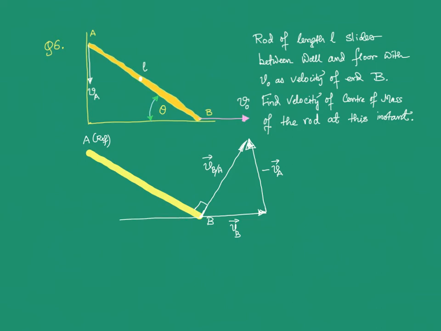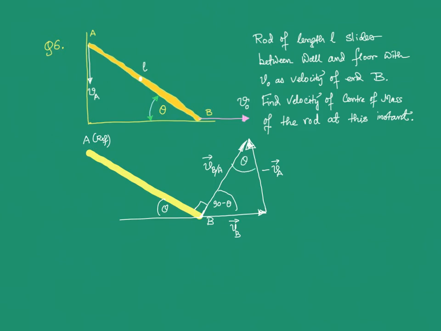So this angle is theta. This angle is 90, so this is 90 minus theta, right? So again this angle is theta.